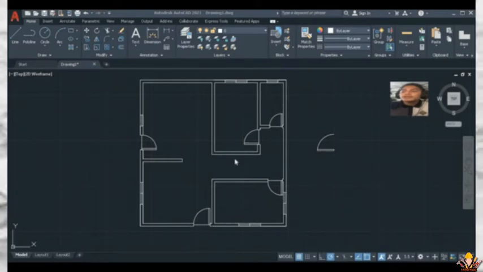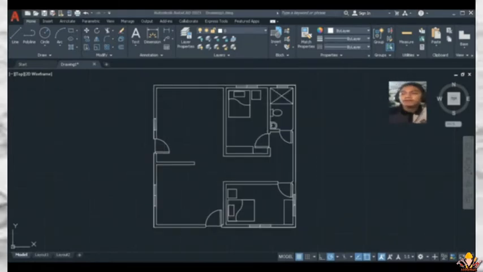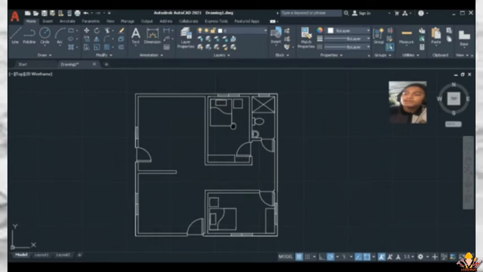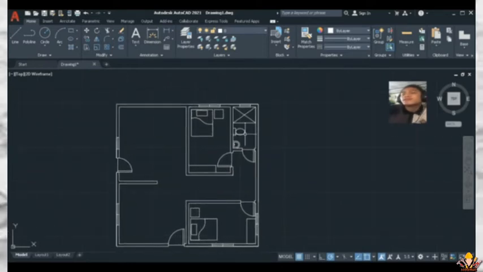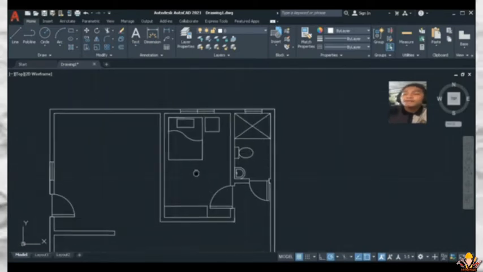Already done with the layout of our floor plan, and the next thing that we will put are the interiors of this floor plan. On this part, guys, I am already done with making the bed and other interiors for the rooms, and also the interiors for the toilet and bathroom.